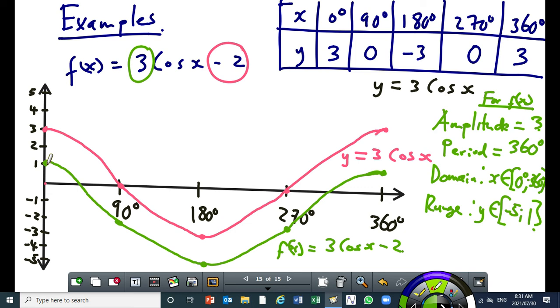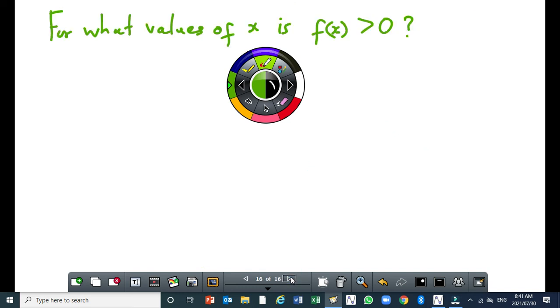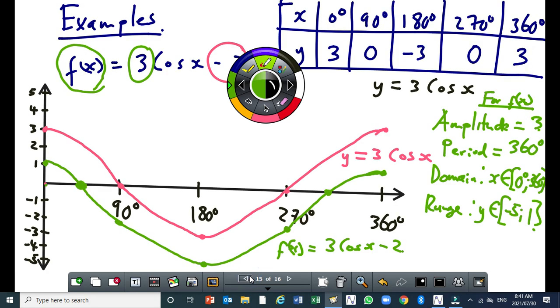Can you determine that for me? All right, so if you want to answer this question, you need to know that the values of y are positive in the first function. So we are talking about from this point up to there, y is positive. Also from this point up to 360, y is positive.